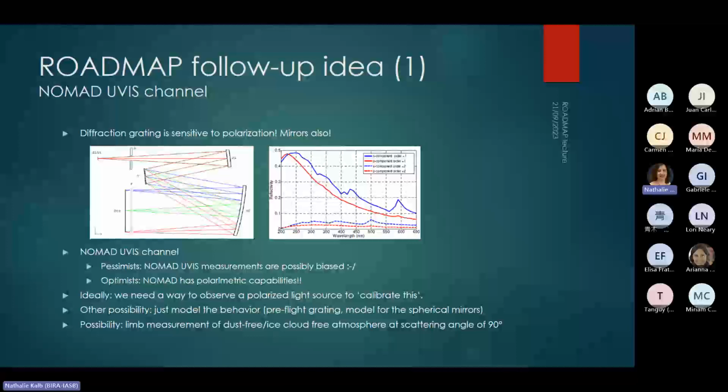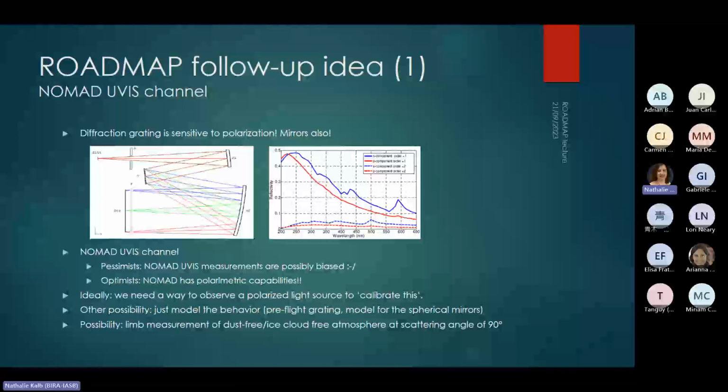Only for the grating, this is the response as a function of wavelength, one direction parallel to the grating lines, one direction perpendicular to the grating lines. It's not zero, it's actually quite significant. So the NOMAD UV visible observations are possibly biased.